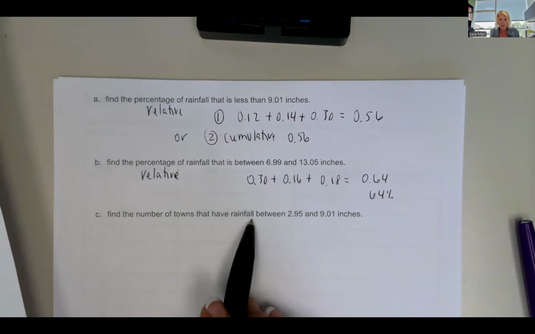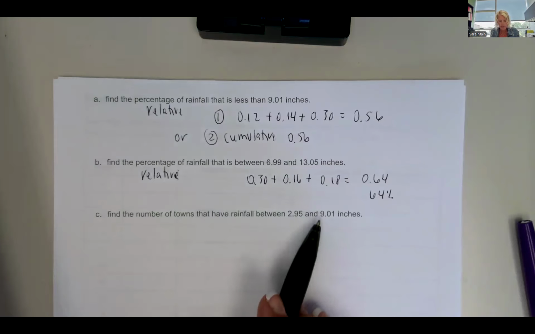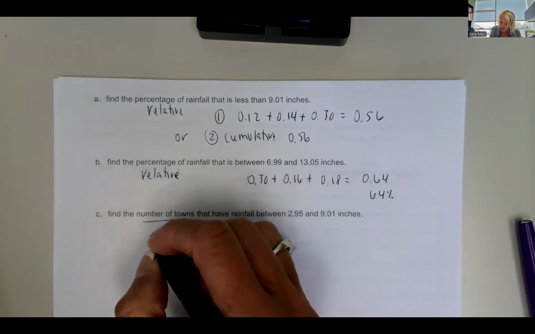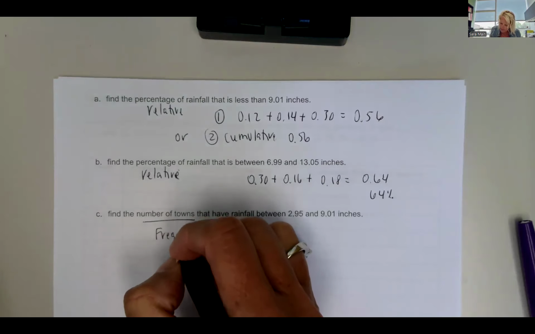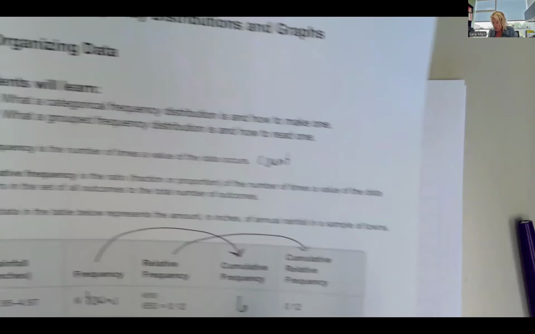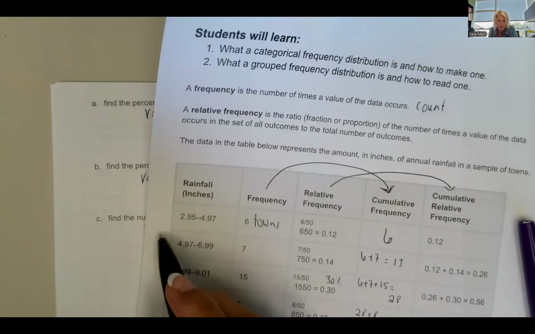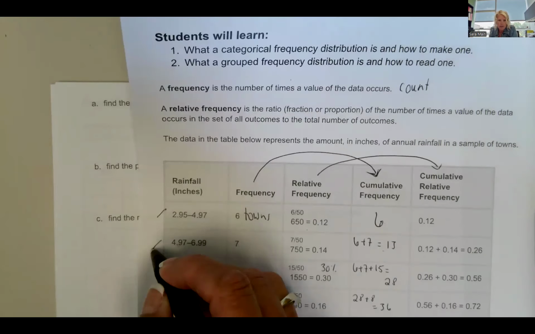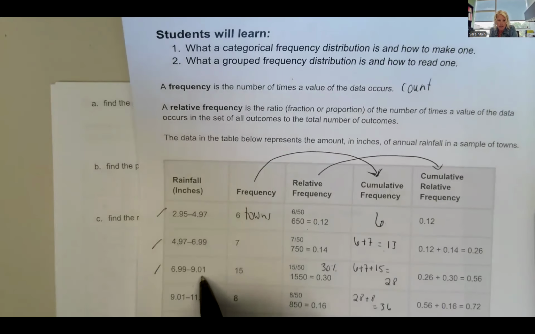Now, the last question says, find the number of towns that have rainfall between 2.95 and 9.01 inches. So the number of towns is just looking at the frequency. I'm starting here at 2.95 and going up to 9.01, so I'm including each of these three categories because I'm ending at 9.01.